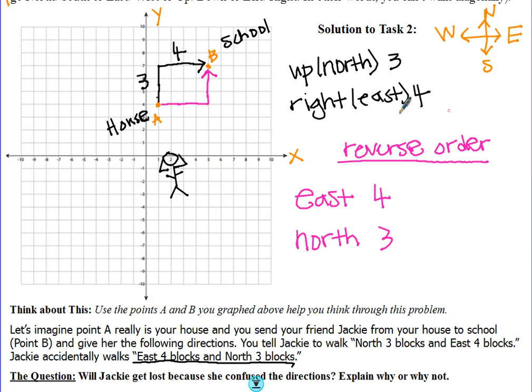And this is very important even in slopes. In slope, you have to find the change from one point to another point, and you're basically describing the direction. That's basically what slope is. You have to tell how many points, how many units you go up or down, and how many you move left or right. And this is introducing to you that it doesn't matter whether you start at point A or point B. If you're calculating it with correct directions and correct number of blocks, you're still going to get the same answer.